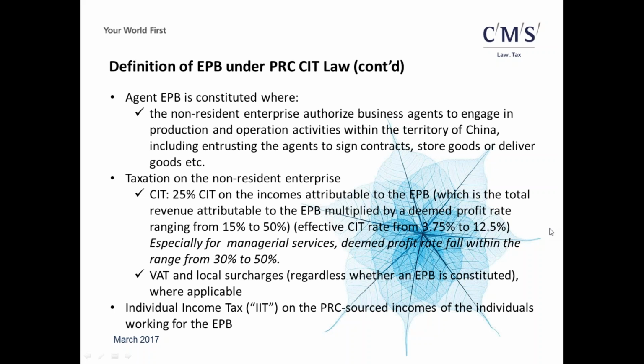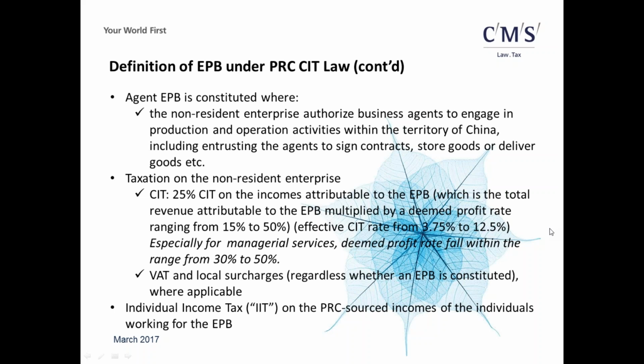But this VAT and local surcharges have nothing to do with the EPB, which means that even if the foreign enterprise does not constitute an EPB in China, they still need to pay VAT and local surcharges. But for the corporate income tax, only when they constitute an EPB do they need to pay.